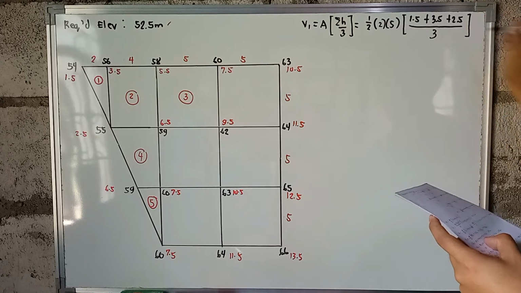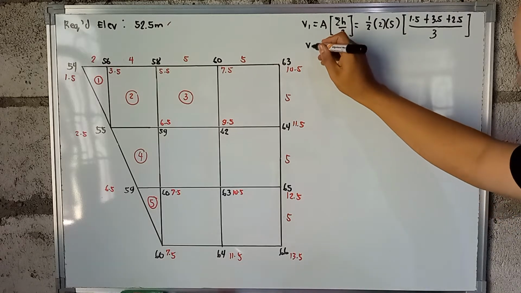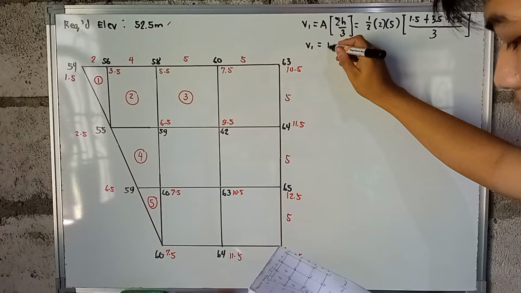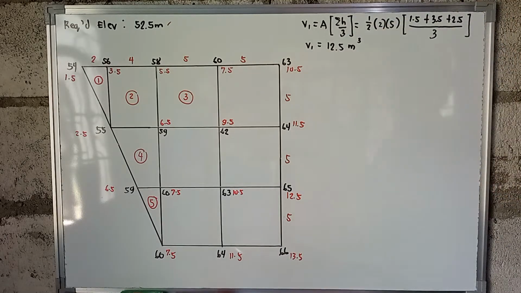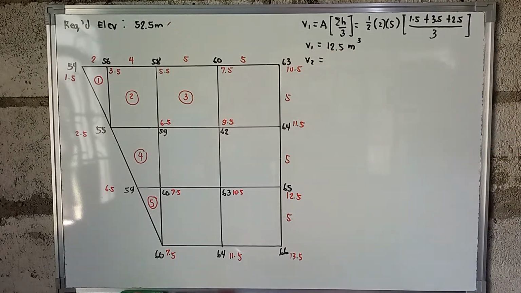I-average kasi natin siya. So the value of our V1 is equal to 12.5 cubic meters. So now, let's proceed in calculating for the value of our volume 2.